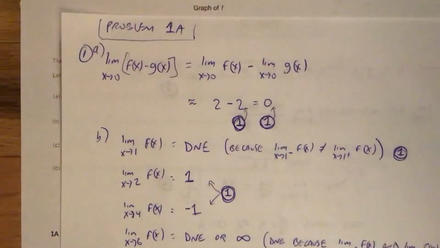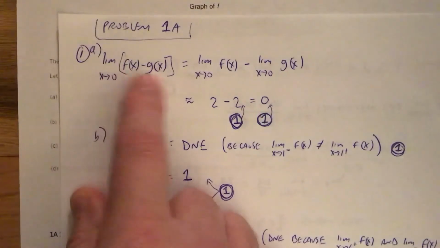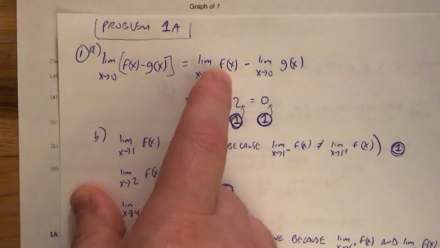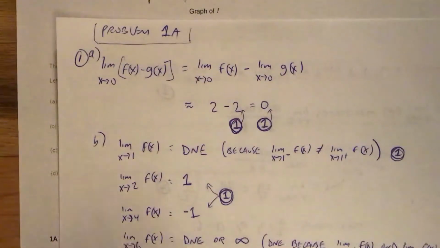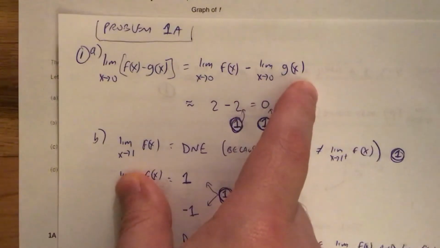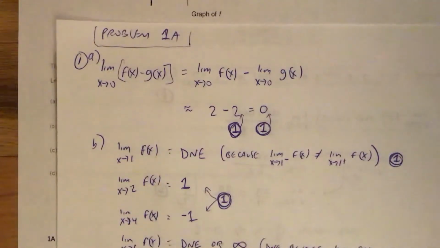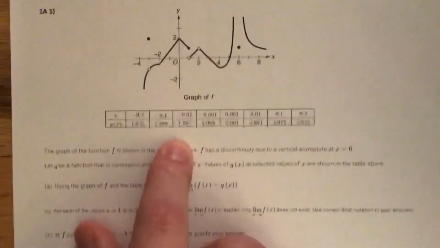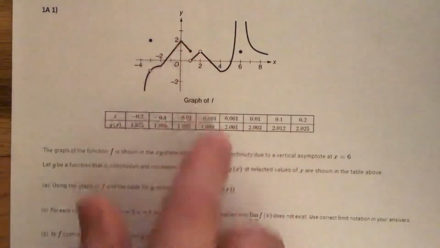For 1A, basically all you have to know is that if you have the limit of a difference, you can just do the limit of each function separately and then take the difference afterwards. So basically you just need the limit as you approach 0 of f of x and the limit as you approach 0 of g of x. If you go get those, you can get both of them. One comes from the picture, and from the picture, both sides are approaching 2, so it's all good to go.